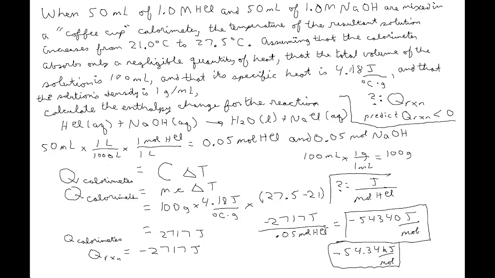But what if you had a situation where both the solid portions and the solution were absorbing heat? Then instead of saying that the calorimeter absorbs a negligible quantity of heat, they could say something else. So I'm going to change the problem to make it harder.